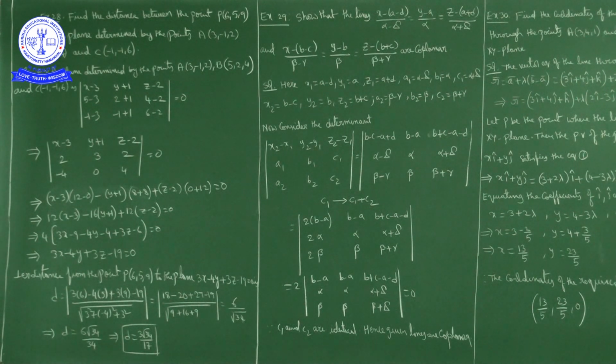Now for that, the Cartesian form is the determinant of first row x2 minus x1, y2 minus y1, z2 minus z1, second row a1, b1, c1, third row a2, b2, c2.